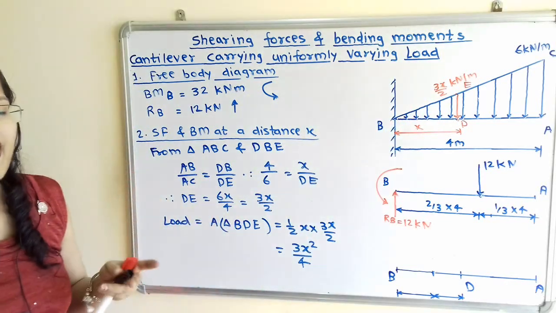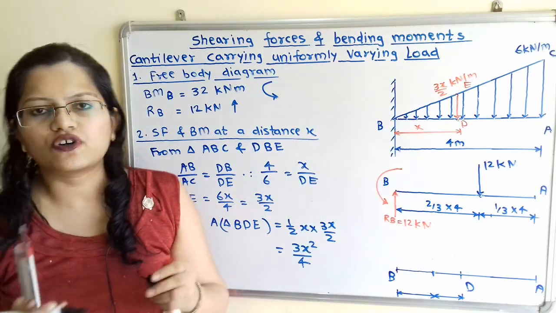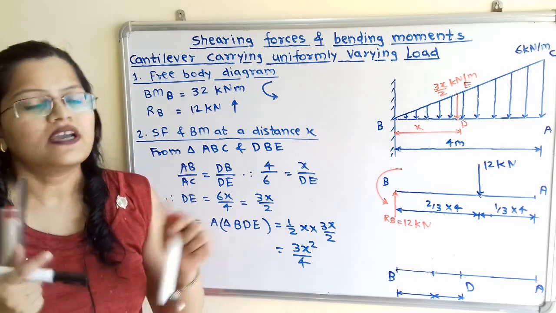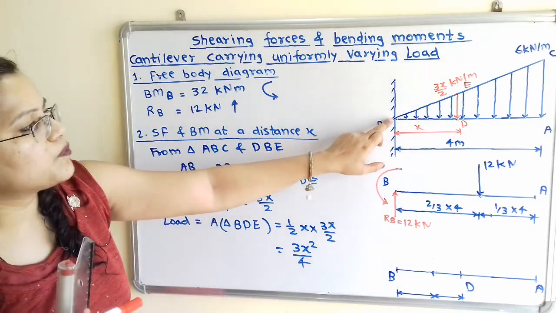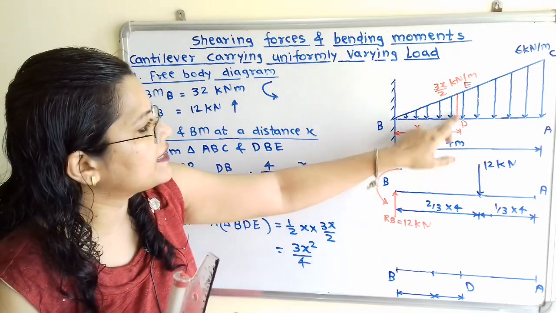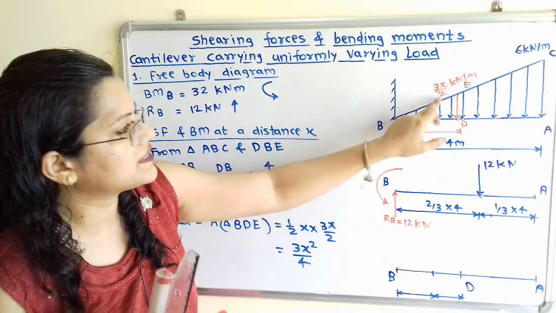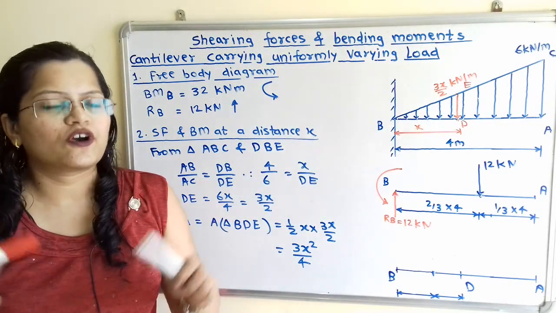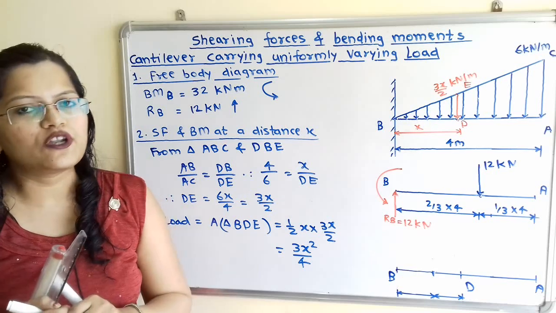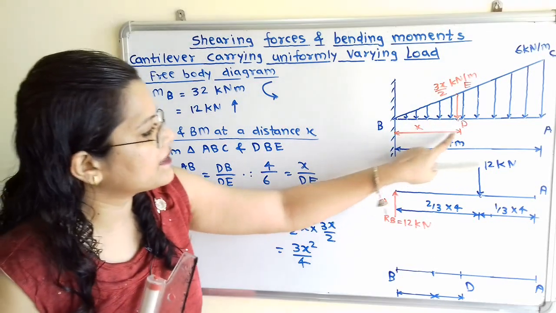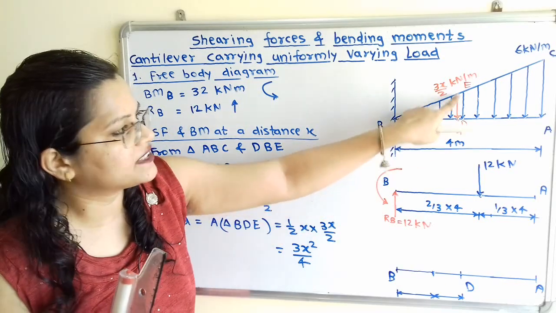Now we have to find out the point of application of this load, or we can say the center of gravity point. Now if we observe at this point B, load is 0, that is minimum, and at this point D, load is maximum and it is 3x by 2. So we know that the center of gravity point, or point of application of the load, is at a distance 1 by 3 multiplied by this total distance from the maximum load.